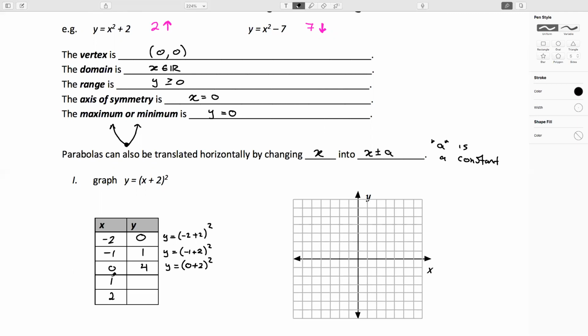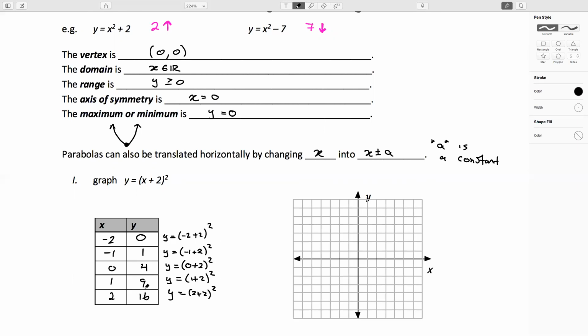Then y equals (1 plus 2) squared, which is 3 squared, or 9. And again, y equals (2 plus 2) squared, which is 4 squared, or 16.